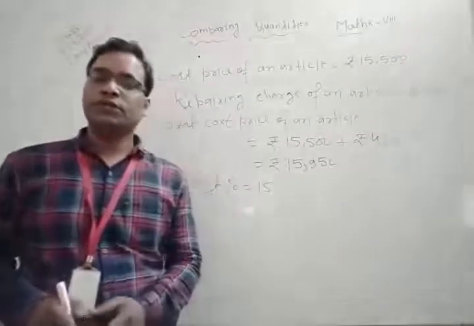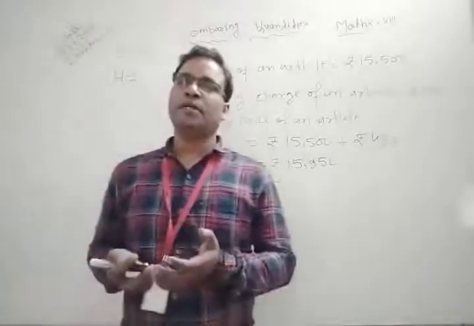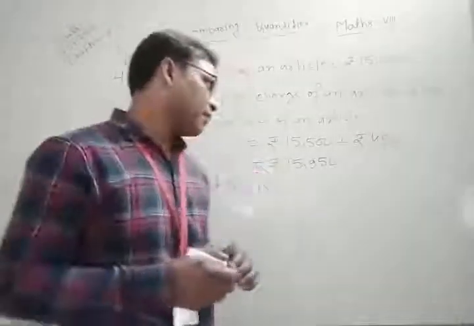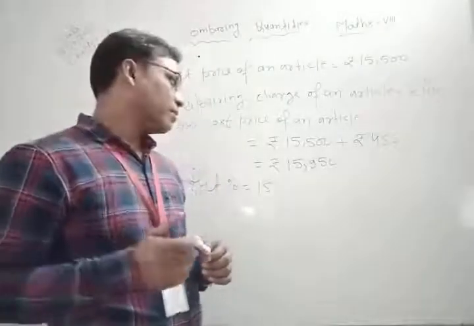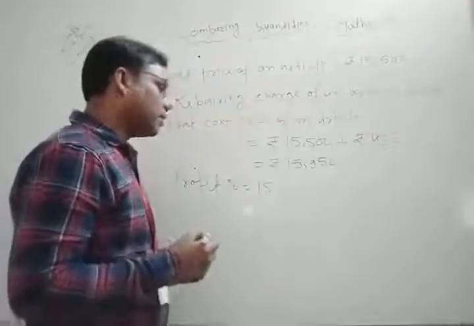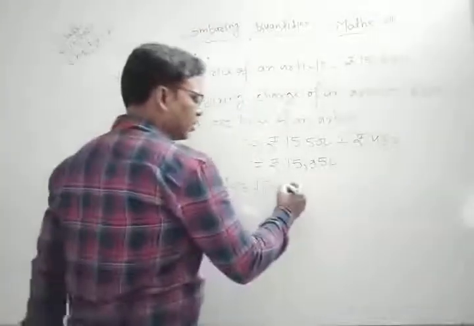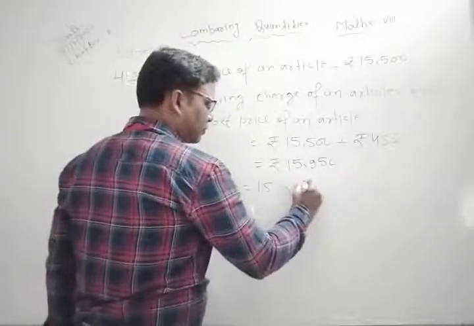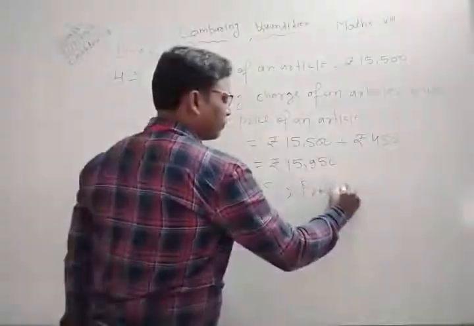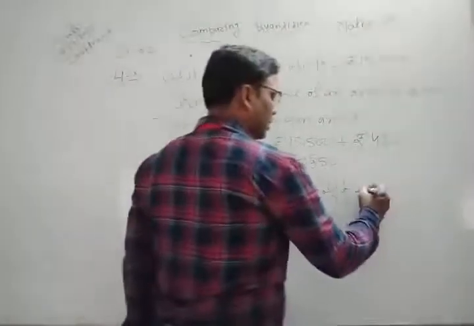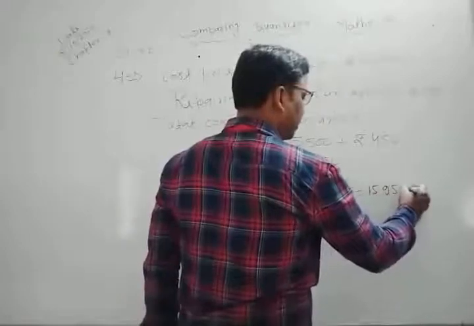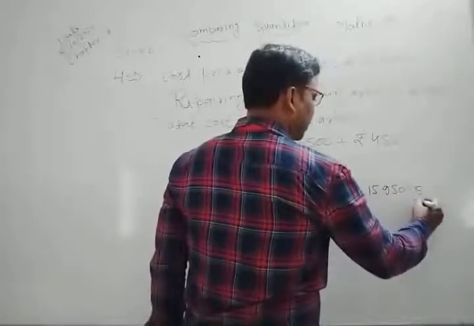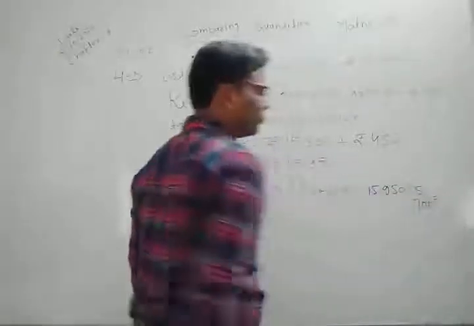So first we need to find what is the profit on the article. We find profit on CP. So profit is equal to 15,950 into 15 by 100. This is equal to what?